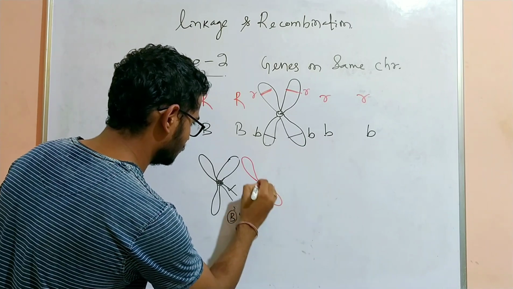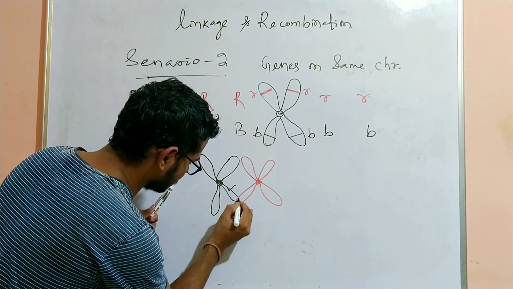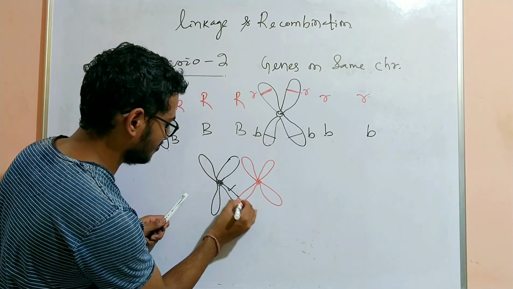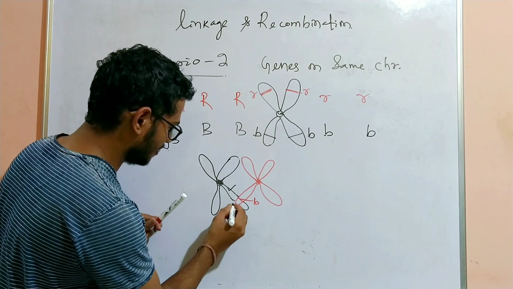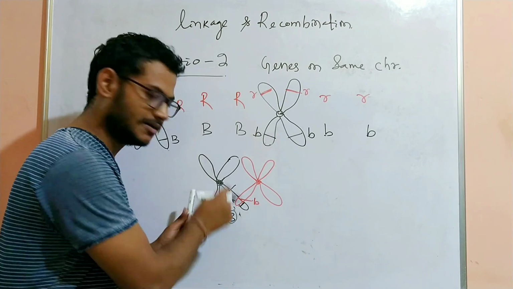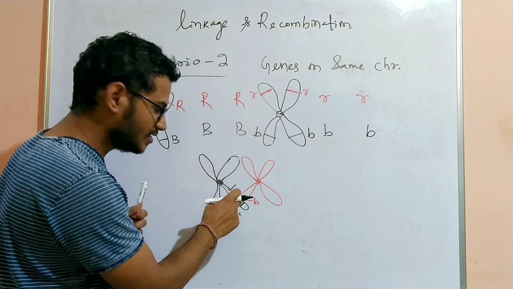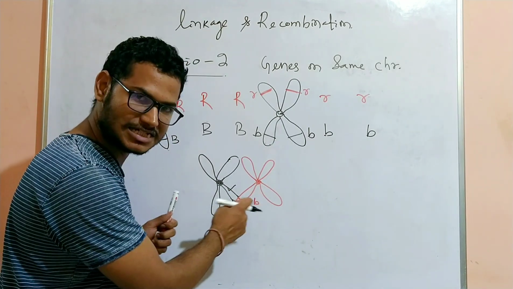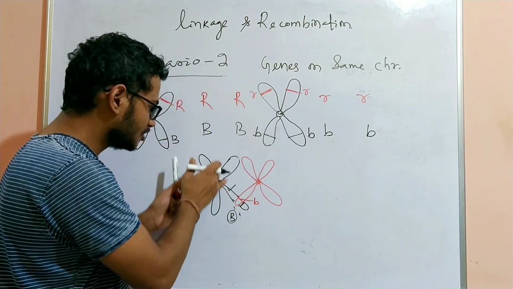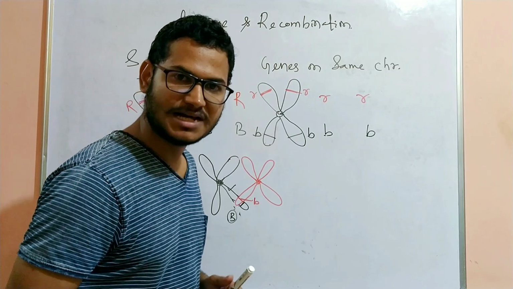So this one is the chromosome, and crossing over occurs in this location. Due to crossing over, here we have the small b, here we have the capital B. So red is for small b and black for capital B. After crossing over, when they separate, the piece of the non-sister chromatid between these two non-sister chromatids where crossing over occurred, this red piece will come to the black chromosome and the black piece from the black chromosome comes to the red chromosome.